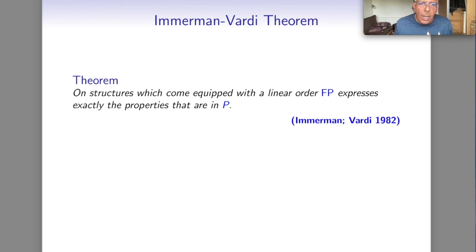So, briefly, why is this true? I've already given you one direction. Anything you can write down in fixed point logic, you can evaluate in polynomial time. You just do it inductively on the structure of the formula, and everything works.